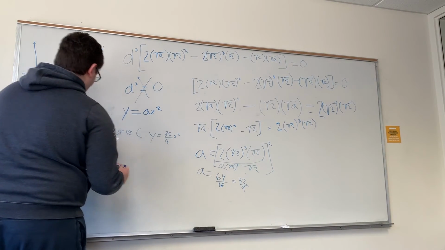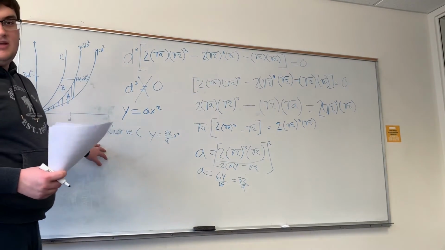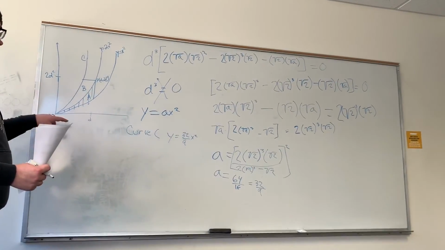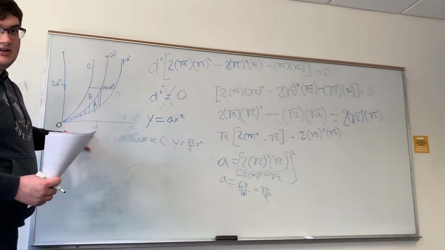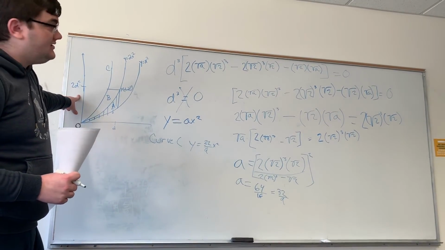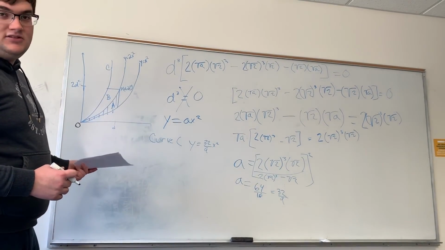So for this problem, we had to use definite integrals to find the area in between the curves. We had to use definite integrals from intervals of 0 to d on the x-axis, and intervals from 0 to 2d squared for our y-axis. Once we did all of that, we simplified all the integrals.